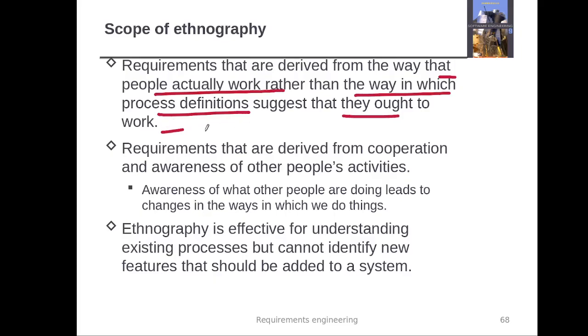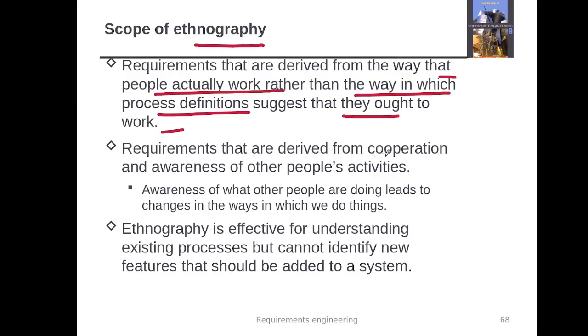When something is explained, we understand that this is the way it should work, but actually it may work in a different way. If we want to understand how it is actually working, then we can go for ethnography. Here we are trying to understand how the work process actually is.